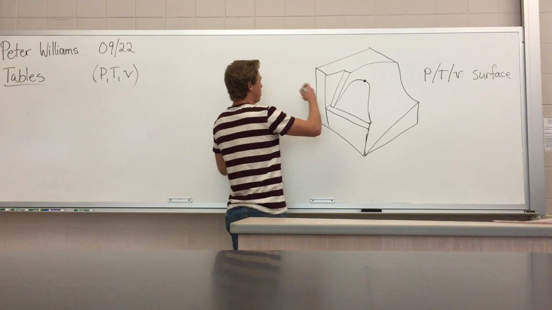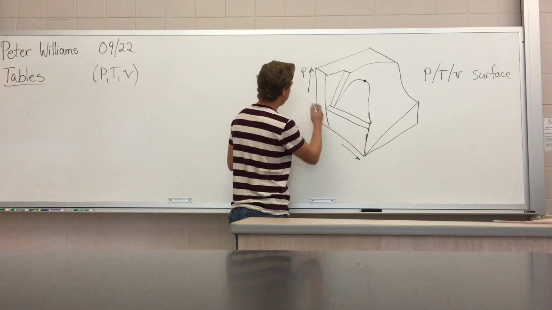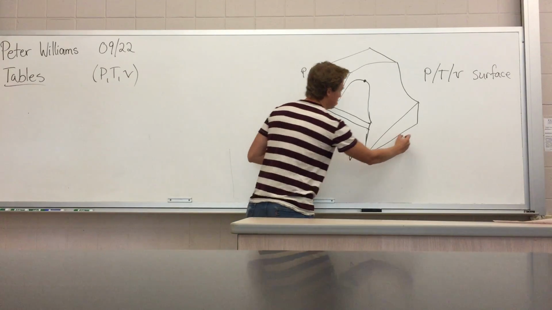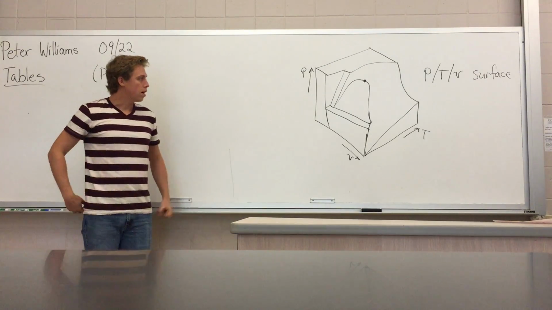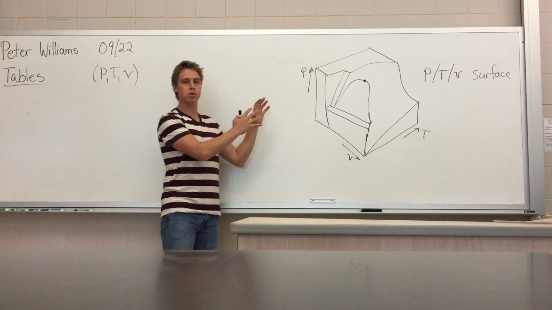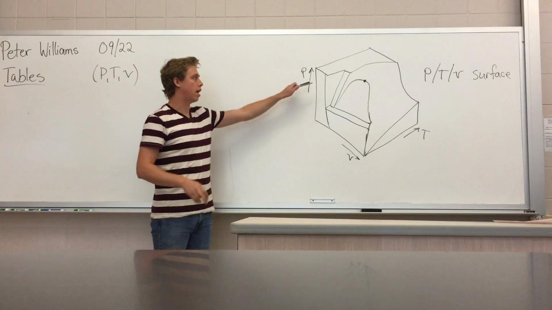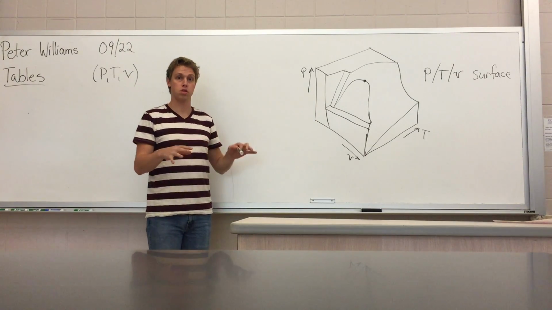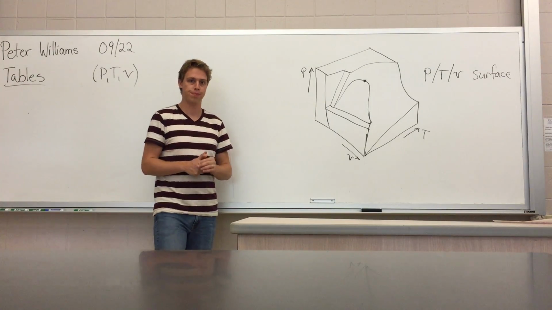Because this surface defines the properties of a liquid on a three-dimensional graph where this is pressure, this is specific volume, and this is temperature. So we've discussed this and the idea that all substances, although the shapes are a little bit different, have an equilibrium state that lies somewhere on this surface as defined by a three-dimensional shape.